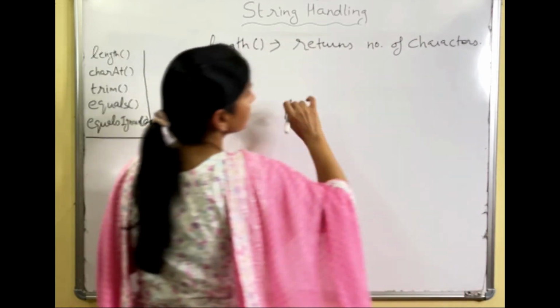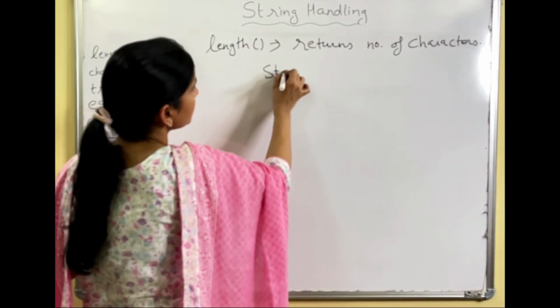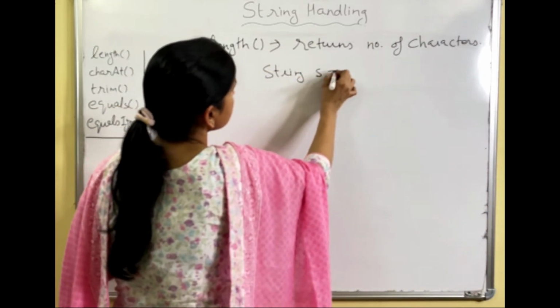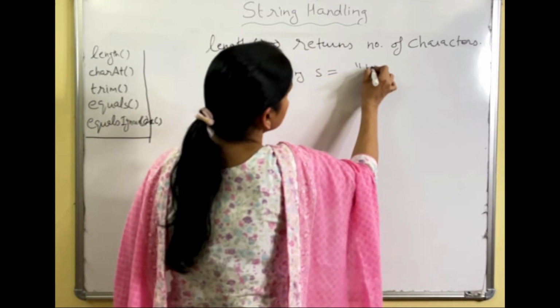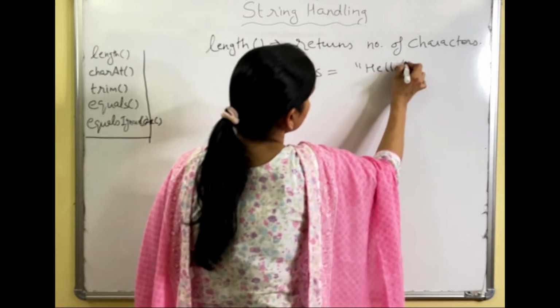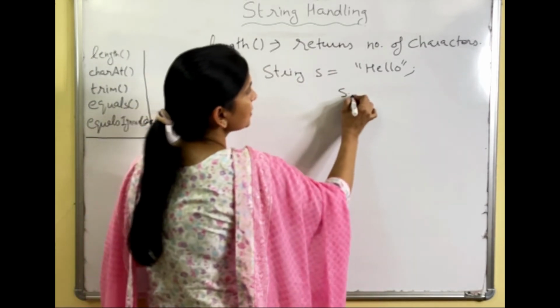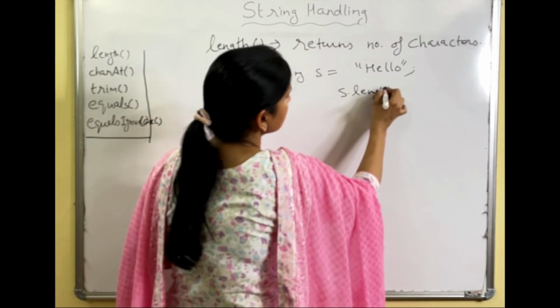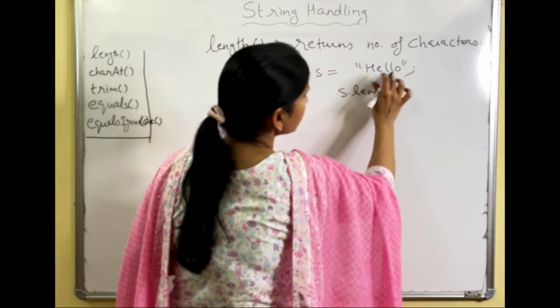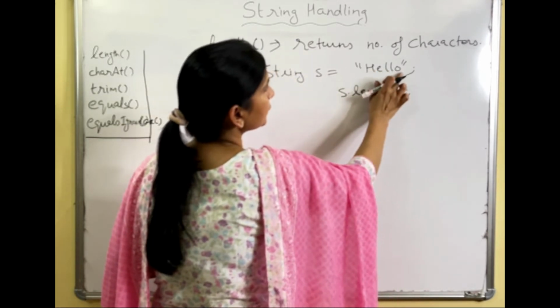Like String s equals to hello. Hello is a string, right? So if I write s.length, it will return the number of characters. How many? 1, 2, 3, 4, 5.